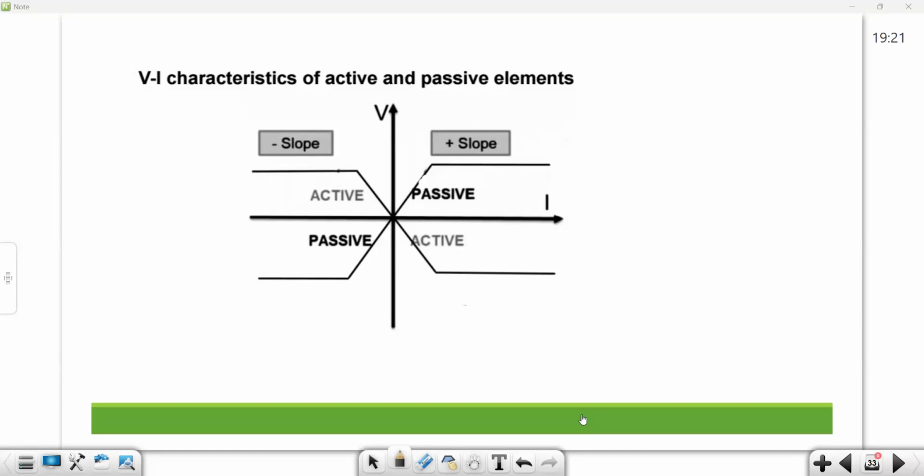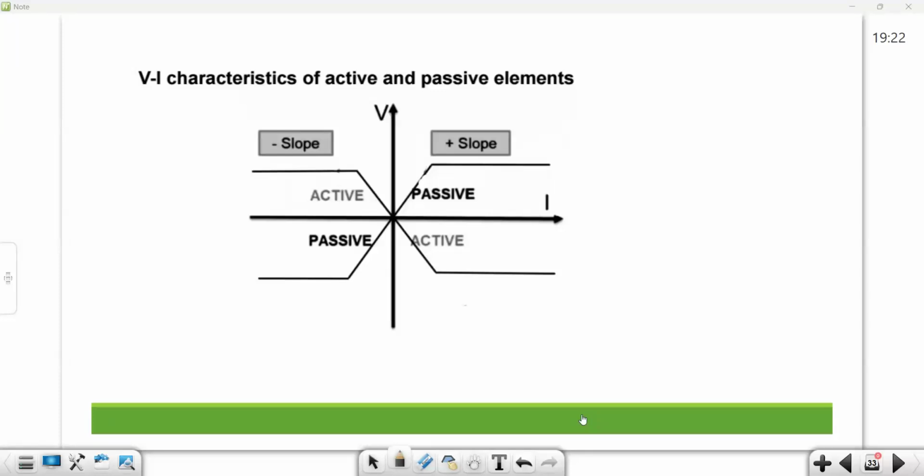Please. Passive is delivering the energy, Prasanna? No. Passive means it is something which will absorb.